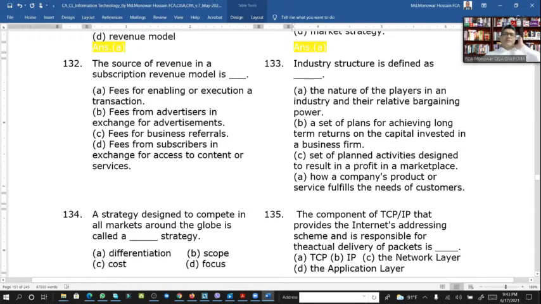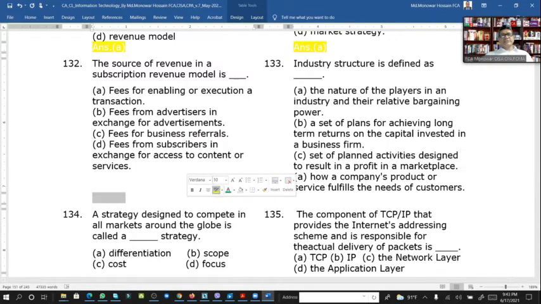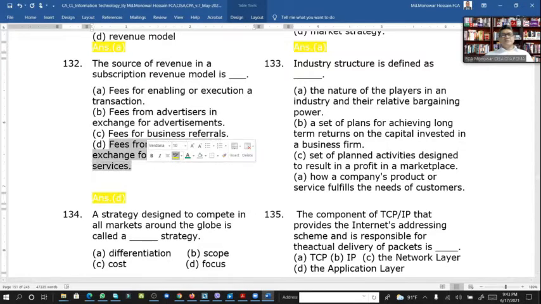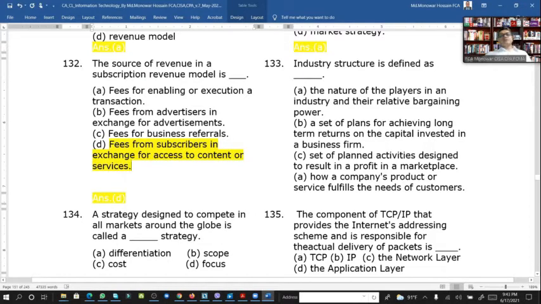The source of revenue in a subscription revenue model is... there are different types of models also, though we don't discuss them here, but just for understanding. The answer is D, because the source of revenue in a subscription revenue model is fees and subscriptions in exchange for access or control over a service.